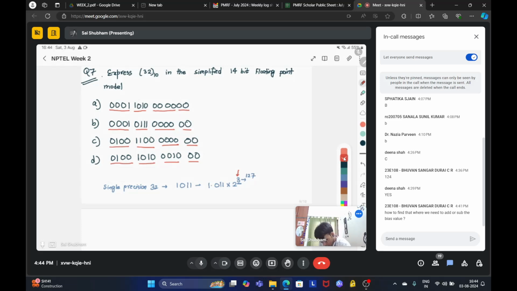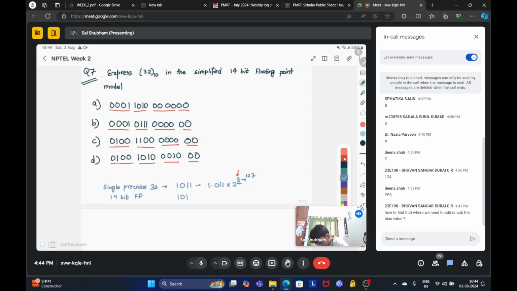In case of the 14-bit floating point model, the format is like this.